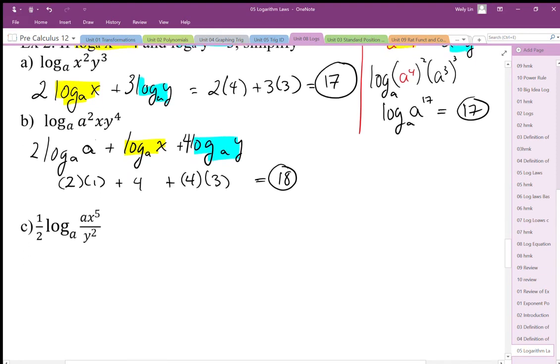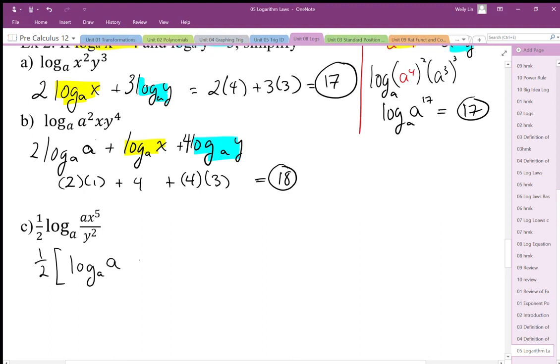Okay, so same thing here. This one here you have to be extra careful. That 1/2 is not affecting anything. You could put it in as a power, but let's not. I'm going to split up all the logs with our rules, knowing that numerator has positive exponents or positive logs, denominator is negative exponents or negative logs.